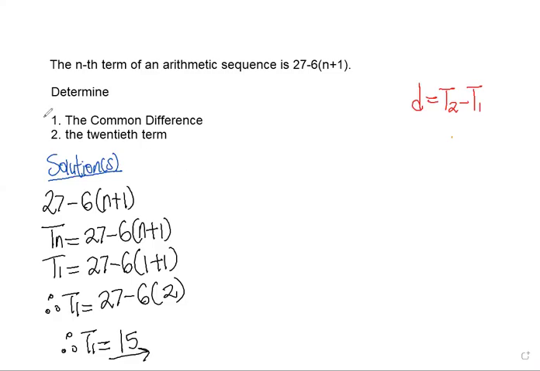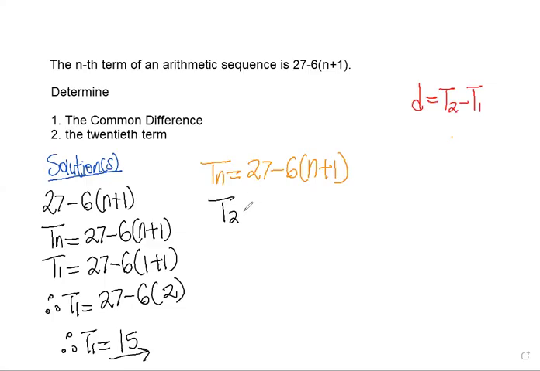Then we're going to continue to find T2. Remember, you're going to use the same equation for the nth term, which is Tn equals 27 minus 6 into n plus 1. Now since you are looking for the second term, it means that in the place of n, we're going to put 2.